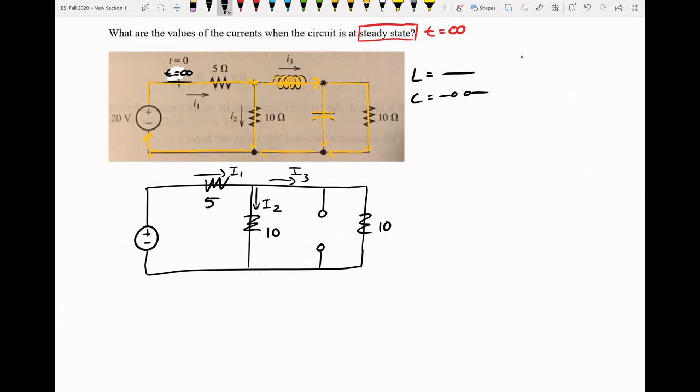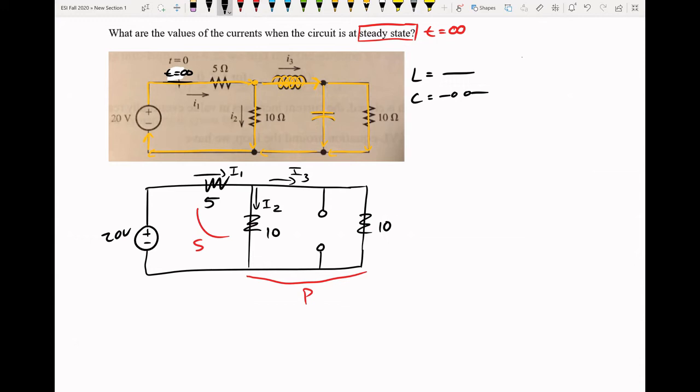Looking at this, it makes the problem a lot easier, because now we've removed all the elements we haven't really worked with before. Now we only have resistors and a battery, which is 20 volts. So we can treat this like a regular problem. These are in parallel, and after we combine those, these will be in series.